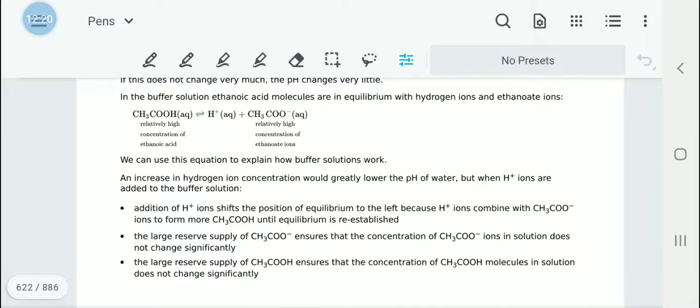When H+ ions are added to the buffer solution, equilibrium shifts to the left, and more H+ ions combine with CH3COO- to form ethanoic acid. Please write down this equation.